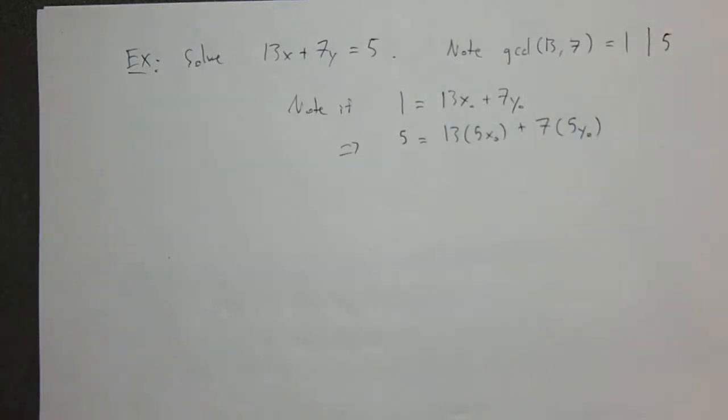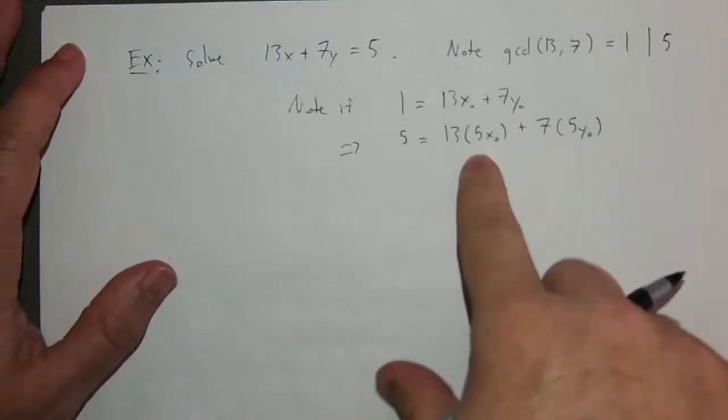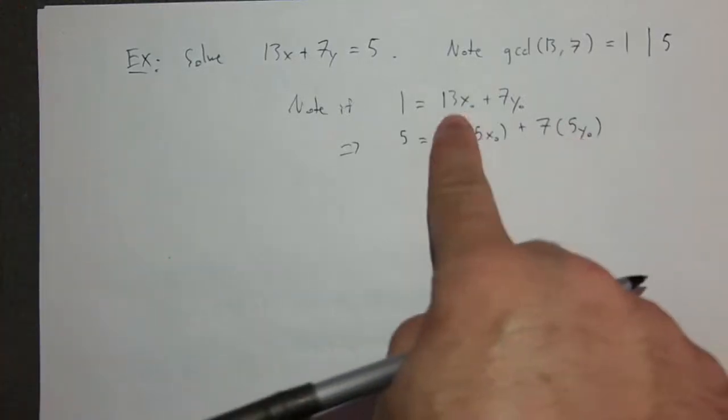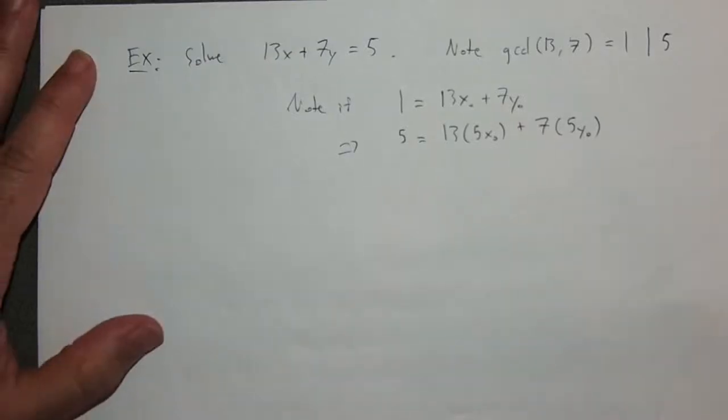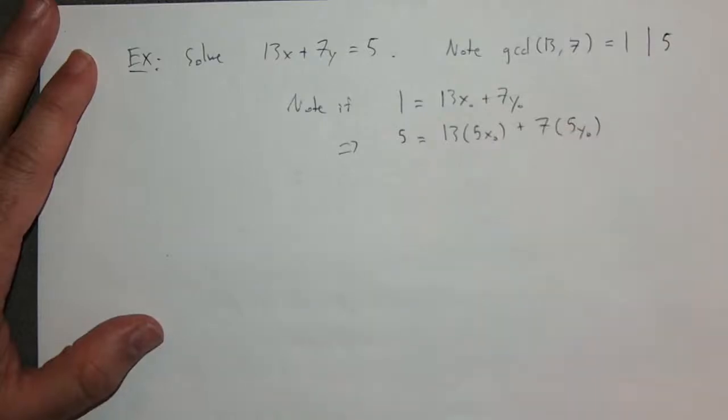So the solution that I seek is 5 times x naught and 5 times y naught, whatever x naught and y naught were.